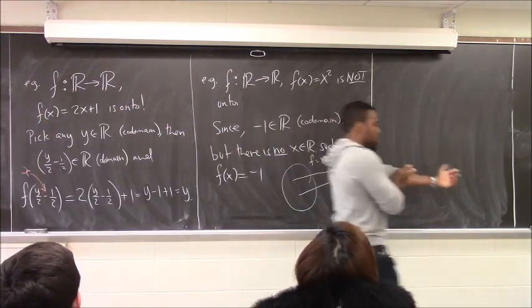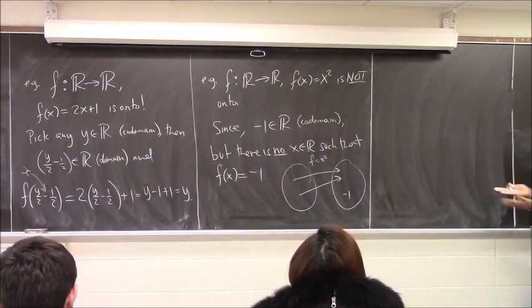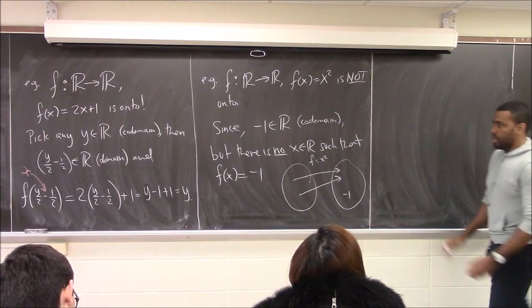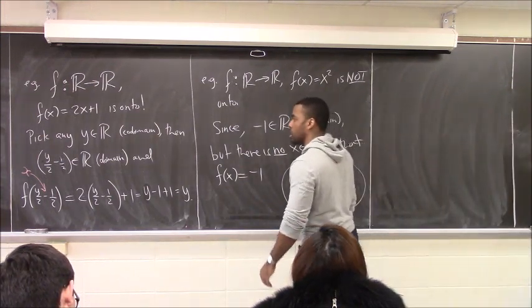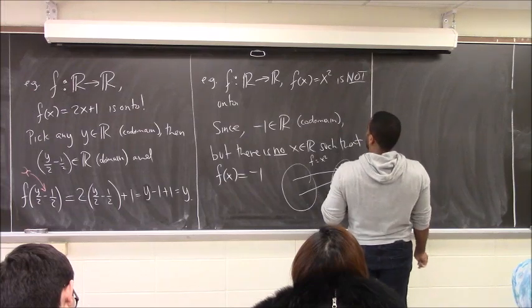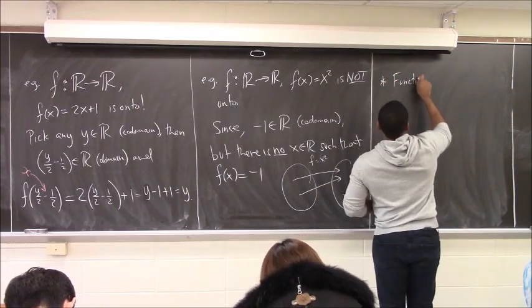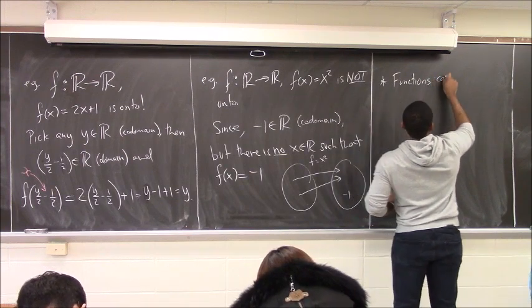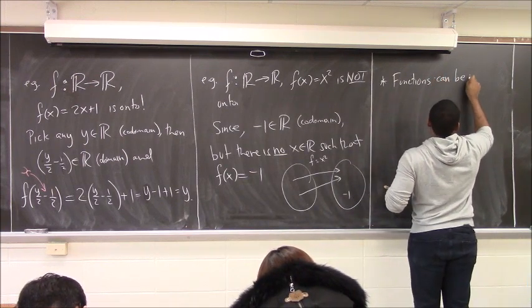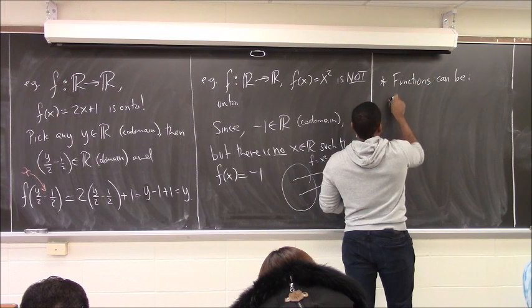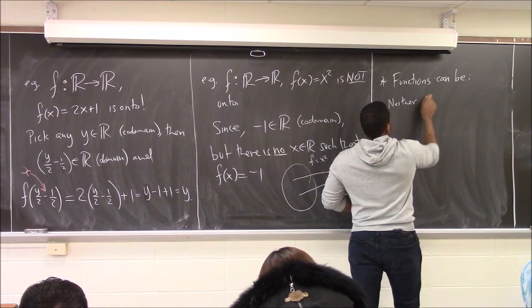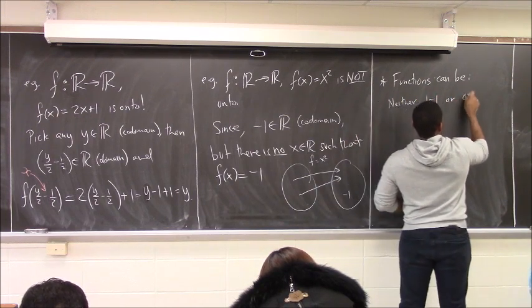And this is still somewhat of a review. I expect you to have spoken about this in Precalc as well, but I am skipping a lot of details here. Note, functions can be neither one-to-one nor onto.